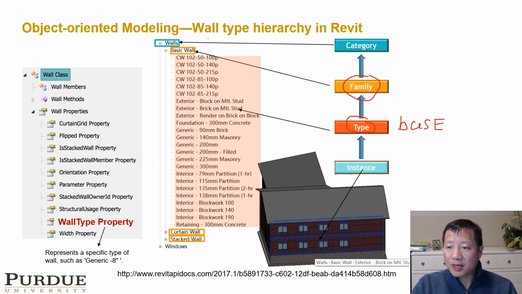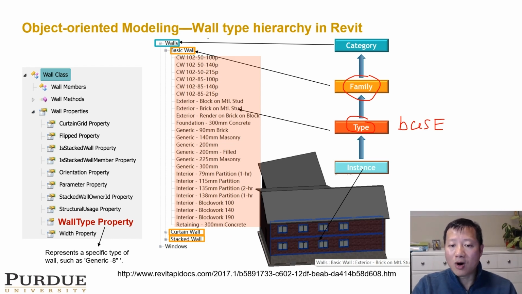These walls are objects, and they are abstracted together into a class called exterior brick on metal stud. And it's viewed as a type. And you can organize all the same types. I mean, the different types are viewed as a specialization of a basic wall family.